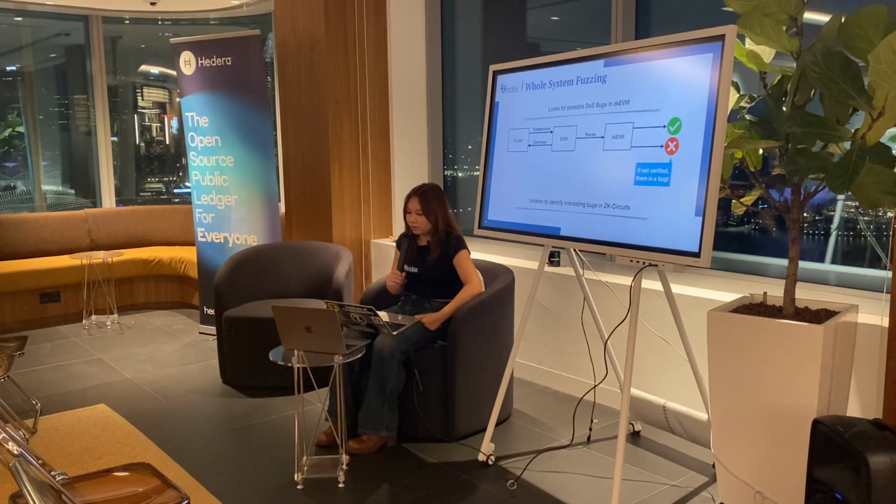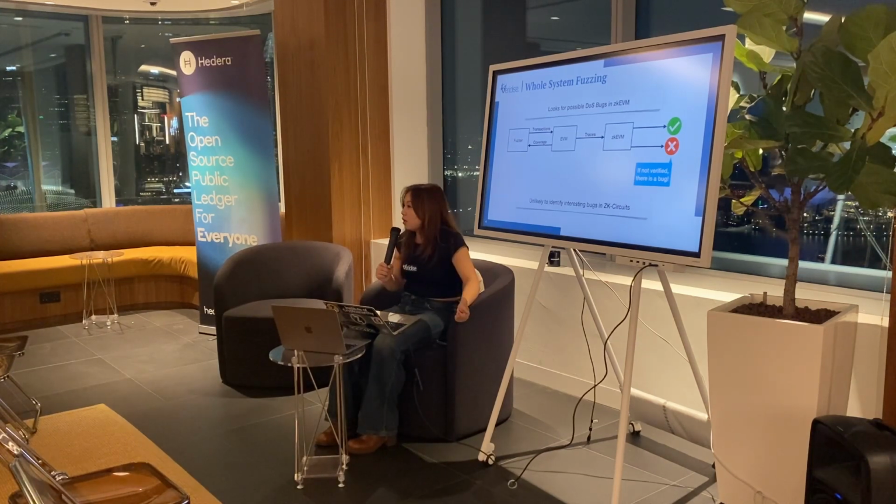Then we generate a trace of the transactions on the EVM and send that to the zkEVM. Then the zkEVM tries to generate a proof. Since the transactions are valid, we expect that the zkEVM will always produce a proof. But if the zkEVM fails to produce a proof, that's a bug.